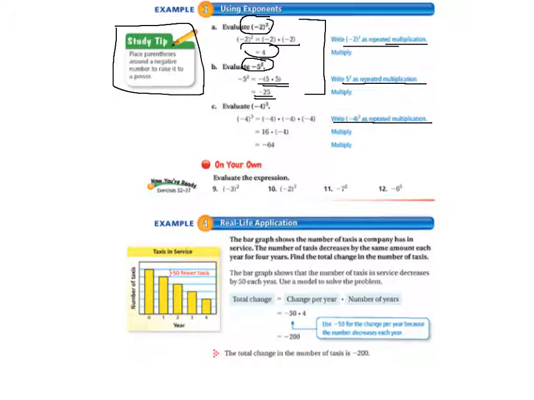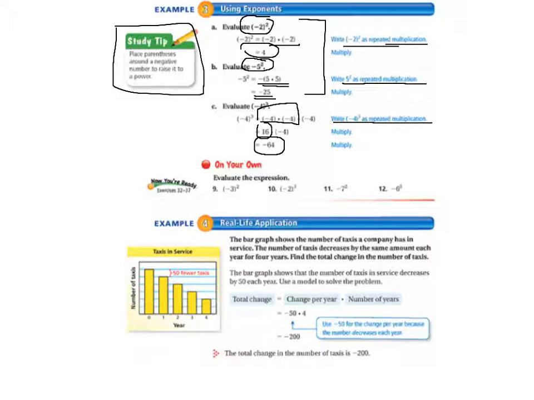And 4 times 4 equals 16. And that's positive. If you just take two of them, that's going to be positive because a negative times a negative equals a positive. And then you have 16 times 4, which equals 64, and that's a positive times a negative, so that's going to be a negative 64.